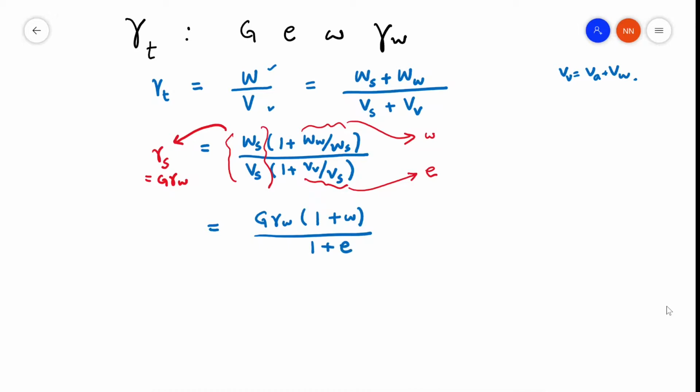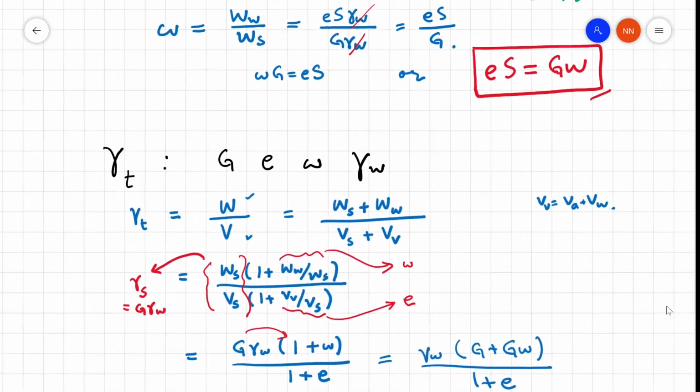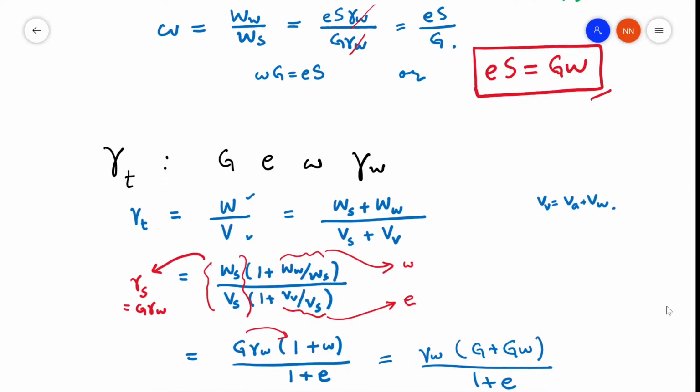Now if we multiply this G inside the brackets, gamma W is outside, this is G plus GW, and in the bottom we have 1 plus E. From the previous relationship we know that ES is equal to GW, so we substitute that back into this expression.